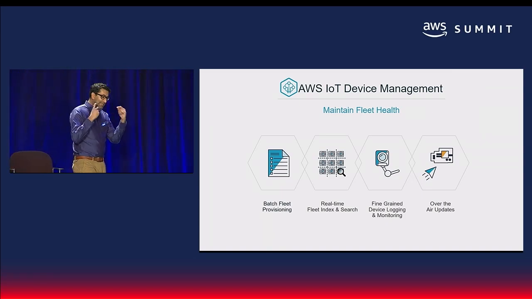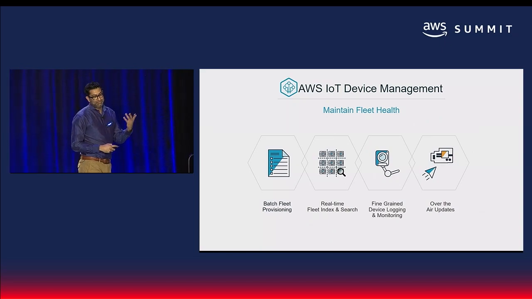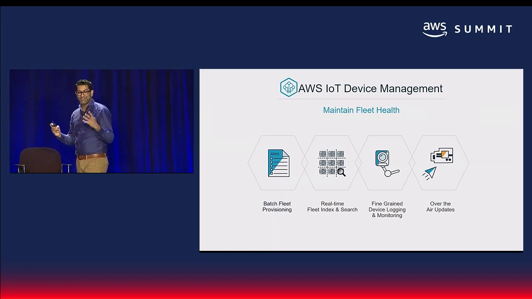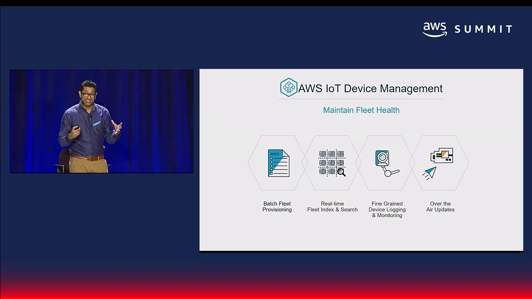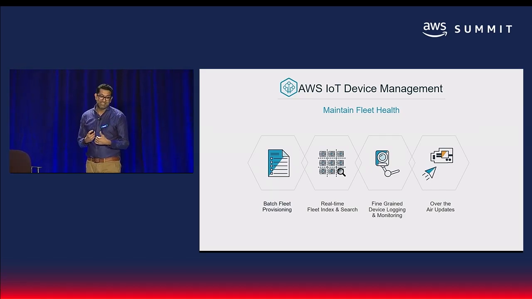And what's nice is that it allows you to search in real time, it's called the fleet index and search, where you're actually searching on that registry in addition with the shadow data. So you can search all that metadata or data that you have from both sides, and it's very flexible in the sense that you want to find devices quickly.